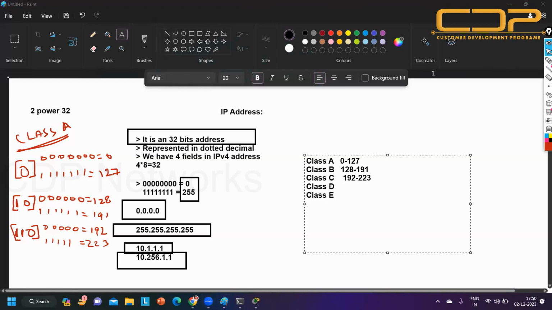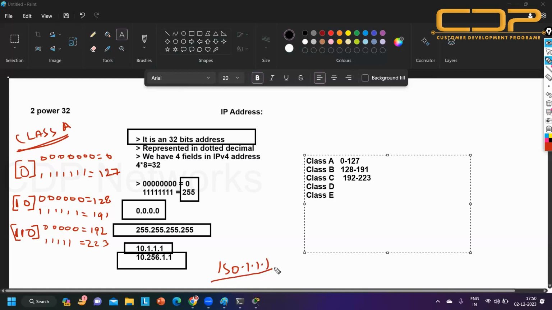Okay. So now guys, I'm asking you one question to check whether you have understood the classes or not. I am writing one IP address here, let's say 150.1.1.1.